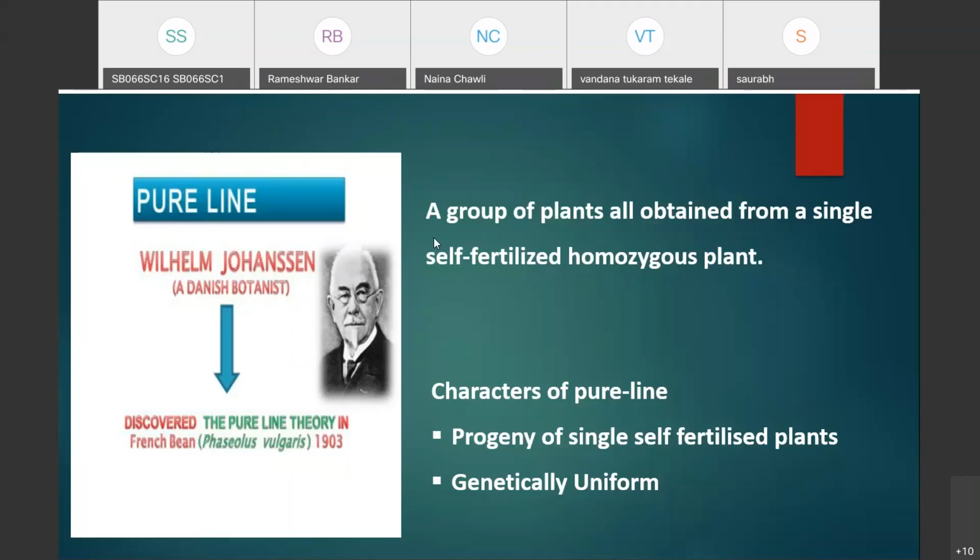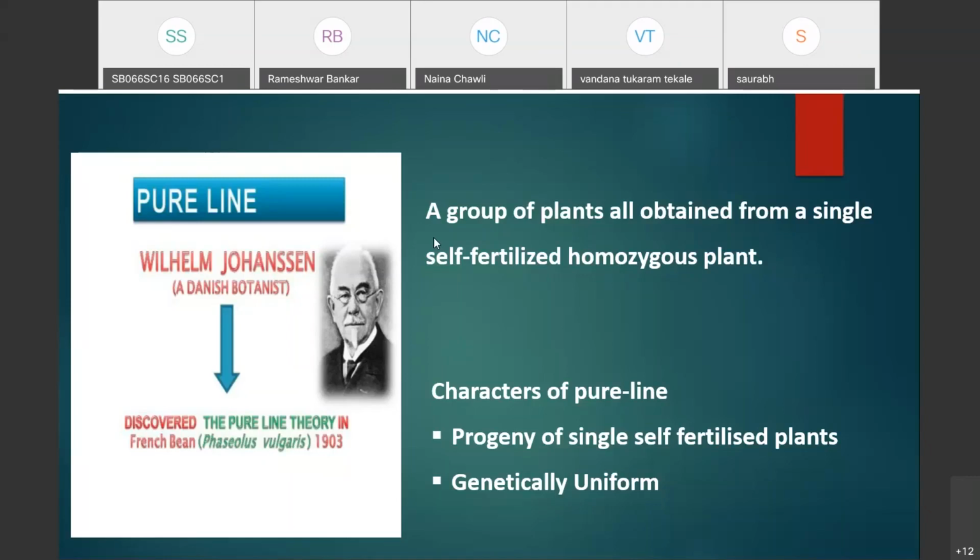Pure lines may become genetically variable mainly due to mechanical mixture, natural hybridization, or mutation. Okay, that is about the characters of the pure line.